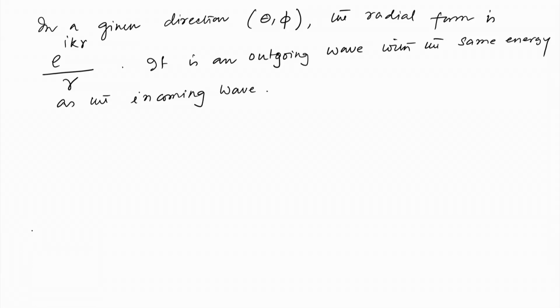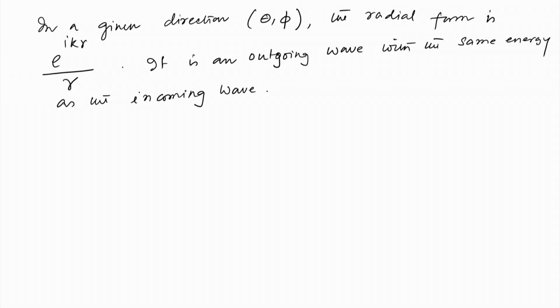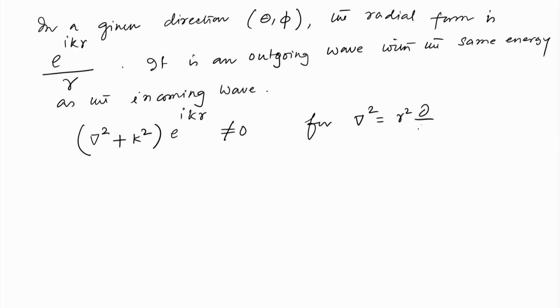Now, it is important to see that in three spatial dimensions, this quantity, the Schrodinger equation, del square plus k square acting on exponential i k r, is not equal to 0 for del square of the form 1 over r square del r of r square del r.